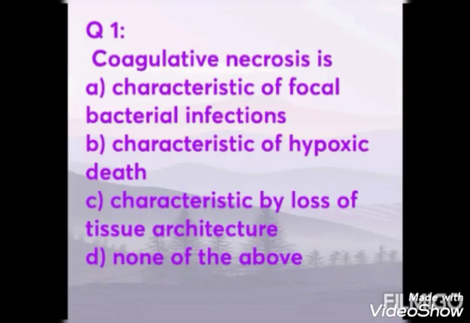Let's discuss some MCQs. First question: coagulative necrosis is, option A, characteristic of focal bacterial infections; option B, characteristic of hypoxic death; option C, characterized by loss of tissue architecture; option D, none of the above.